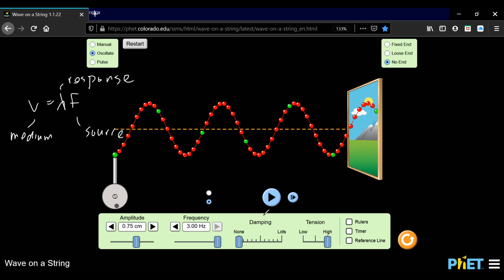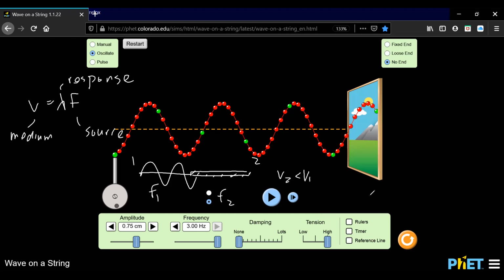Like if you go back to that example of the thin string connected to the thick string, what'll happen is if you send in a wave like this, the frequency will be the same. So the frequency of this, maybe F1, this is medium 1, medium 2, the frequency will be the same, but the speed V2 will be less than V1 because the string is bigger.